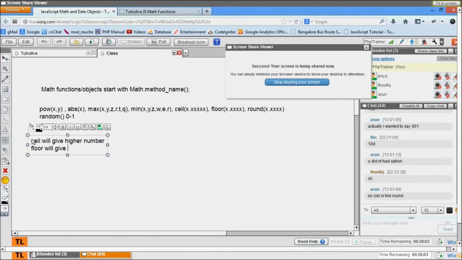Like for instance 2.1, what is the next number for 2.1? 3. 2.2, what's the next number? 3. 2.3, the next number is 3. So like such, give me the next number. Whereas floor of 2.1 is 2. Floor of 2.8 is still 2. So floor will give the number before the decimal point.